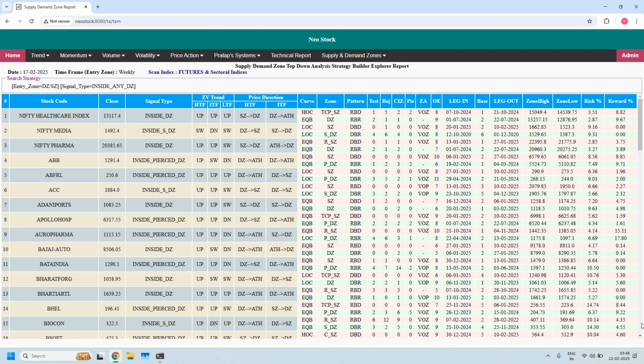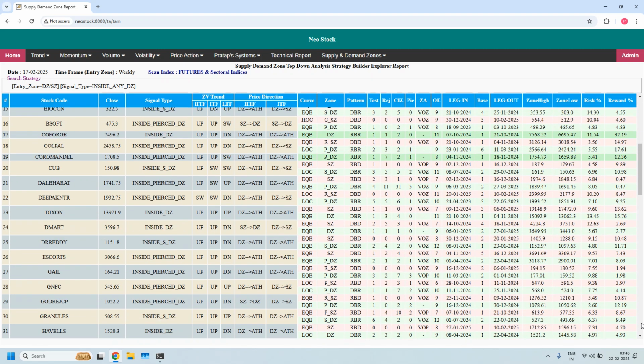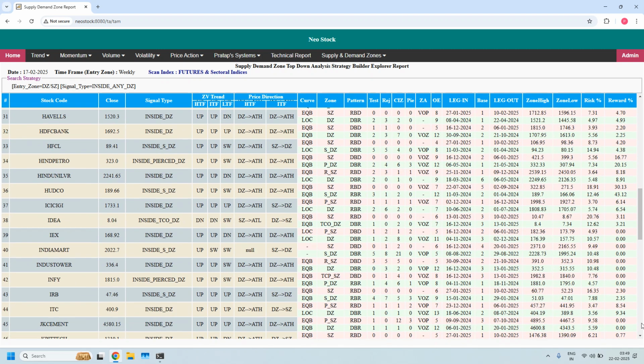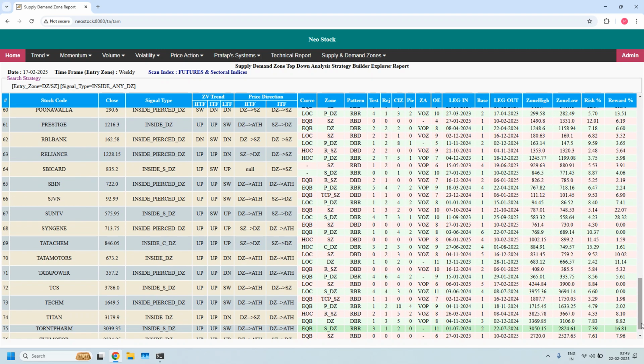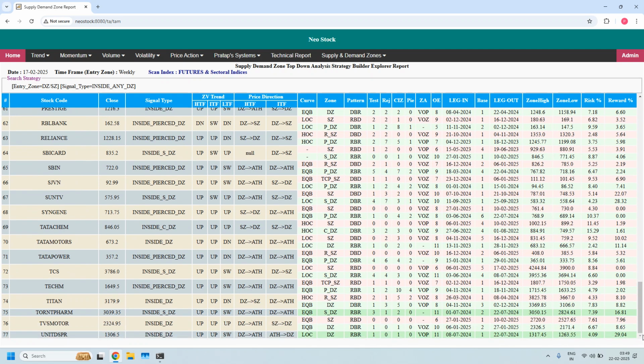I'm scrolling the list down. So total 77 stocks are filtered.